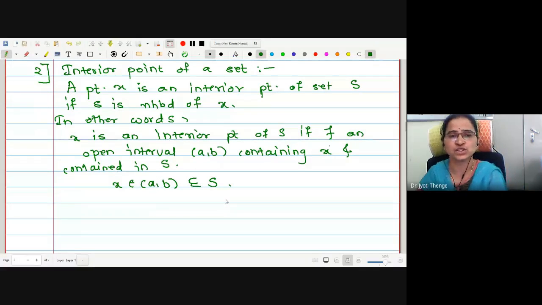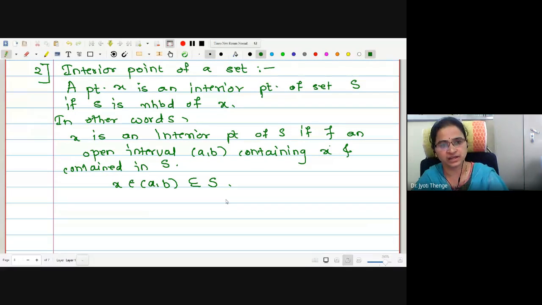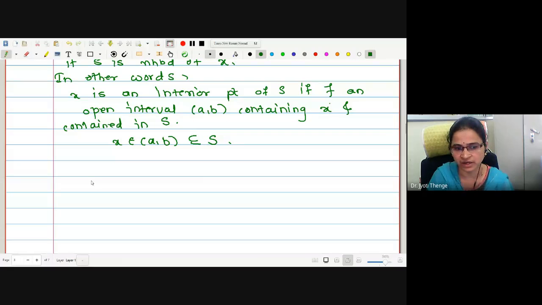See, the definition is quite easy. X is an interior point if S is a neighborhood of X, or X is an interior point if there exists an open interval containing X contained in S. This is a real line, a point X, and suppose this is my set S under consideration.